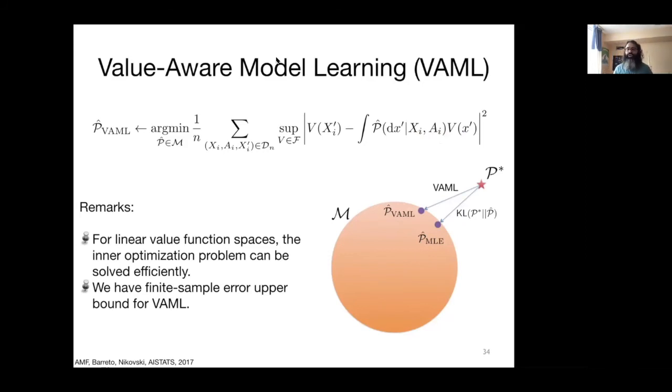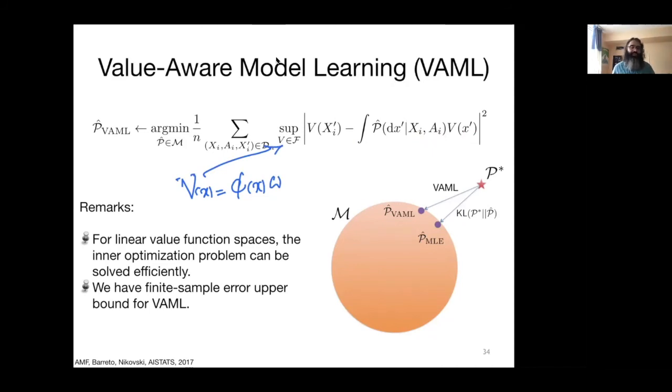And there are some more comments that I have here. One is that if we have a linear value function space, so if we can write the value function in some form with some W, but we don't know the W, then this supremum can be written in closed form.